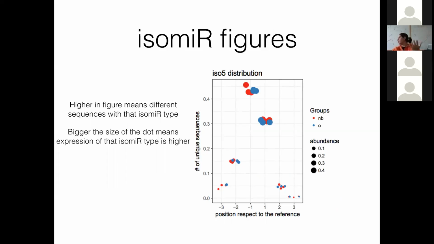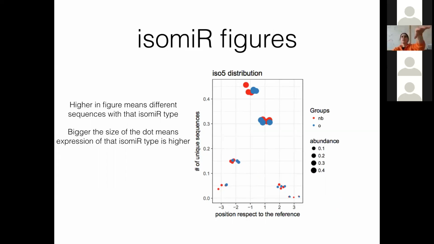Normally all changes happen at -1 and 1. The y-axis is the number of unique sequences, and the size of the dot is the abundance. So if you are high and it's super big, it means all the microRNAs are having this kind of isomers.